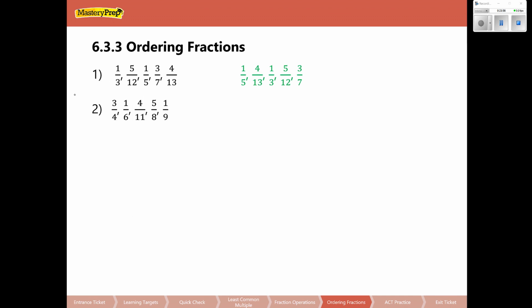So again, on this one here, we just convert it to decimals and then order from there. Because it's easier to order the decimal numbers than it is to order fractions. Because we have 0.75.